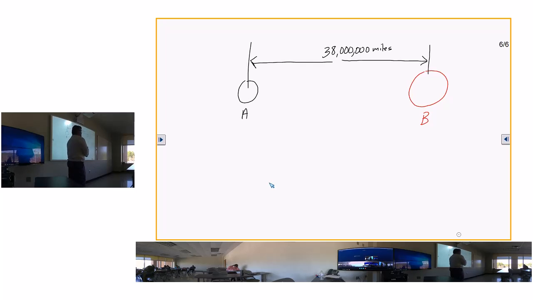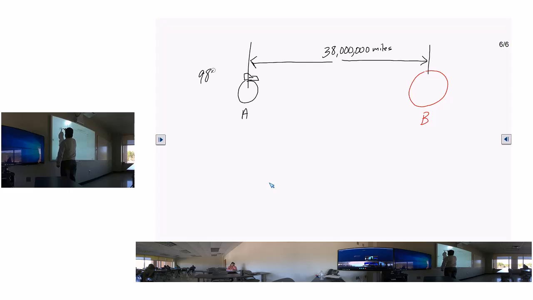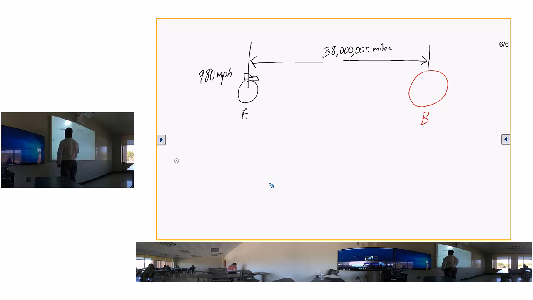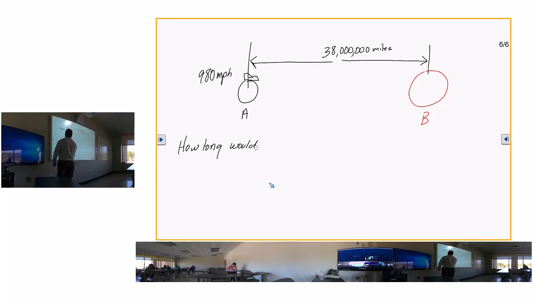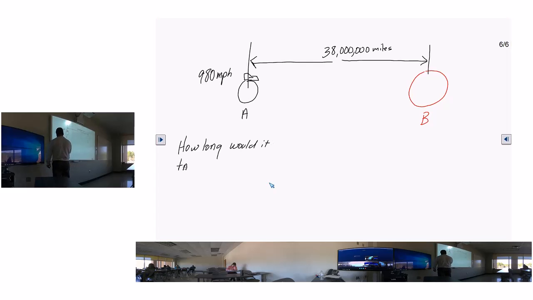And you've got a spaceship, you've got a space shuttle on planet A. And it travels at 980 miles per hour. How long, meaning time, how long would it take you to get to planet B?